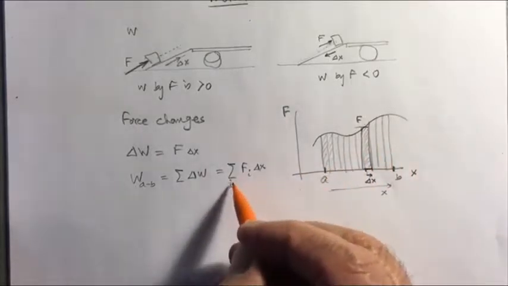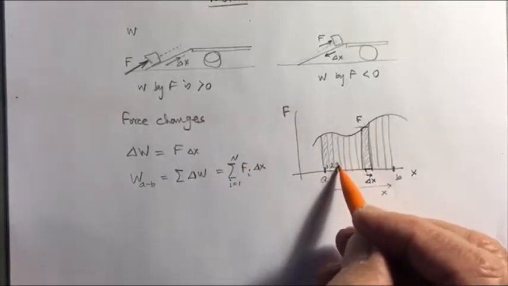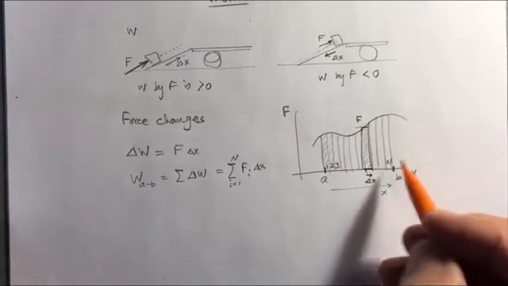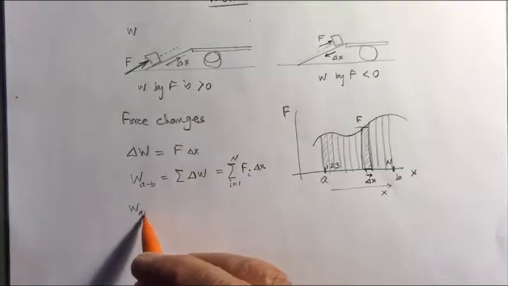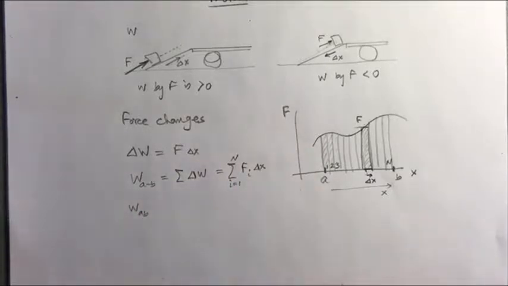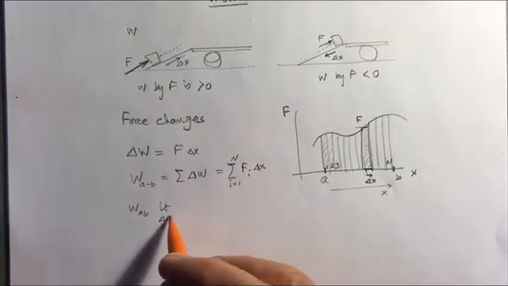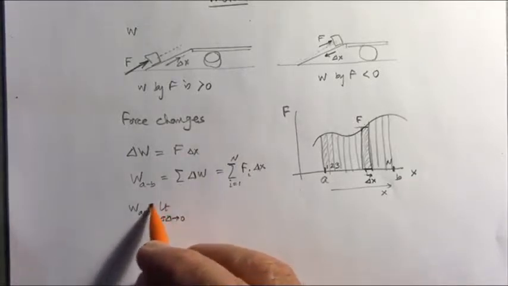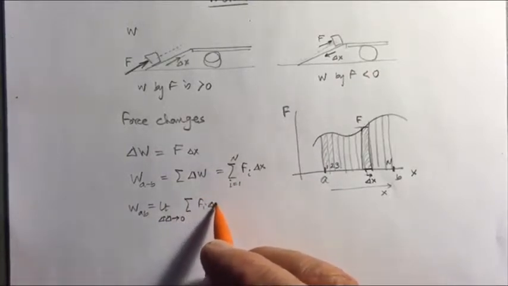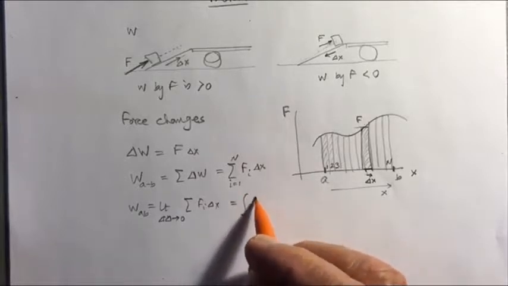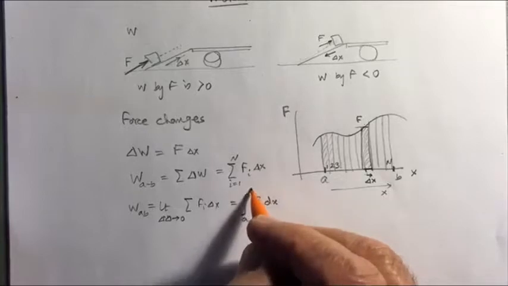Well, we can write it i equals 1 to n, where i is 1 here and 2, 3, and the last one is n. And we can extend that to say that the work from A to B, in the limit when delta x tends to 0, this summation of F_i delta x becomes the integral of F dx from A to B.